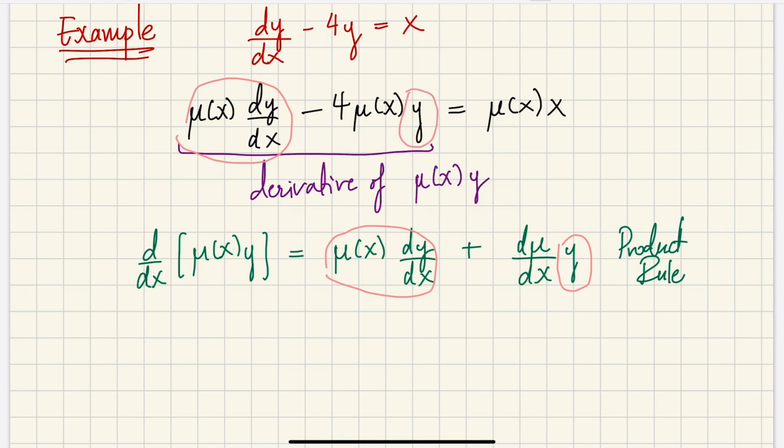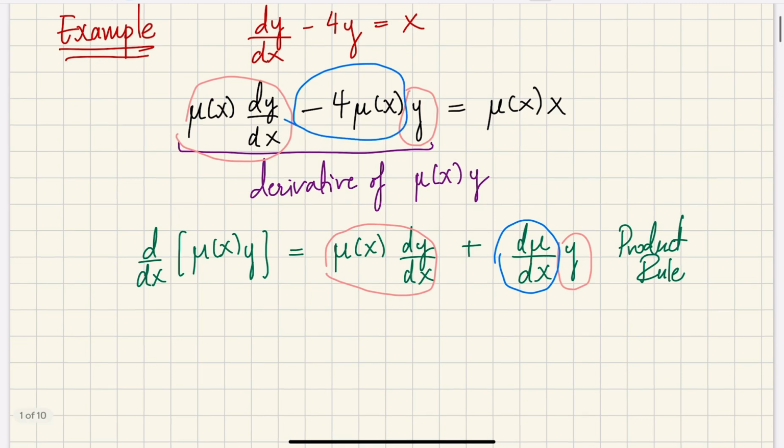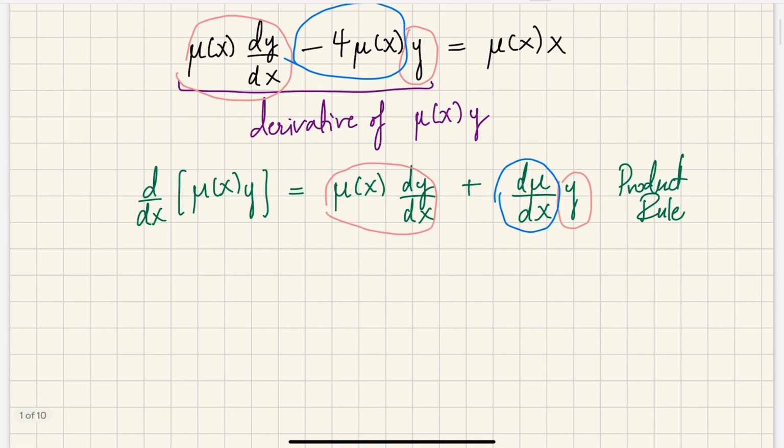Now this tells us that if this relation is true, then this should be equal to this. So then we can equate them. d mu over dx is equal to negative 4 mu of x.